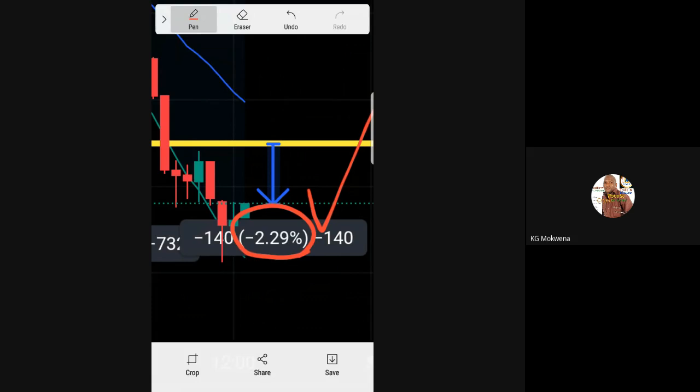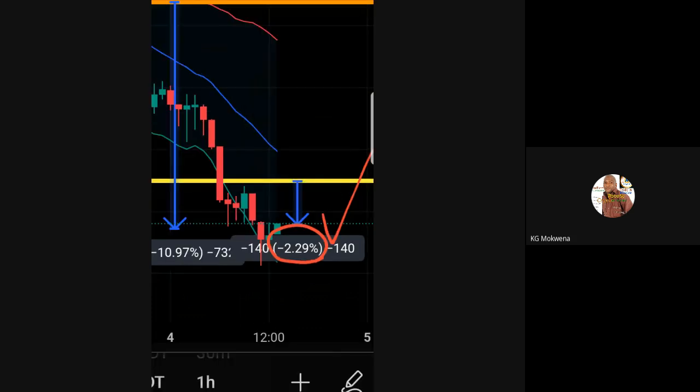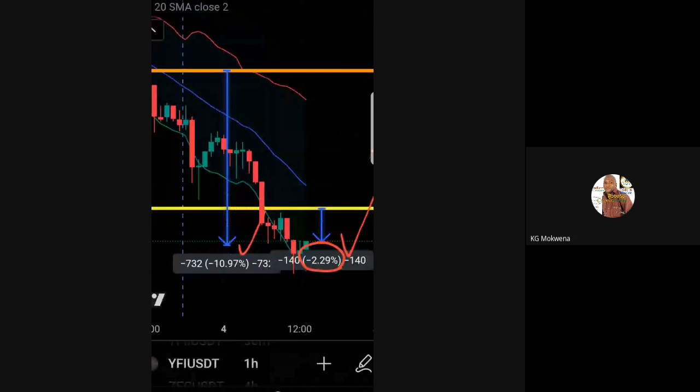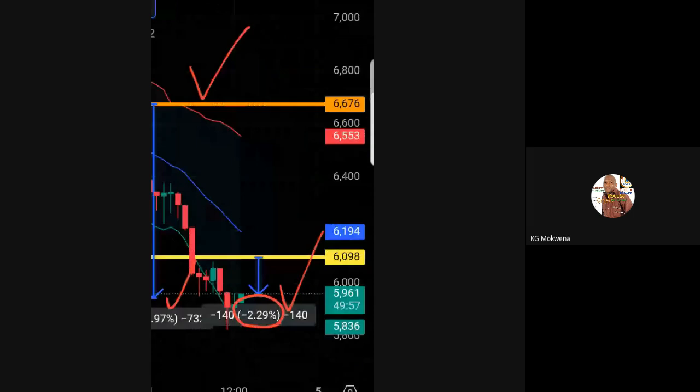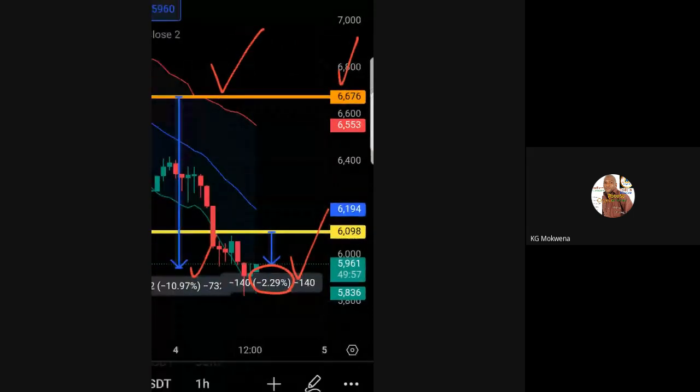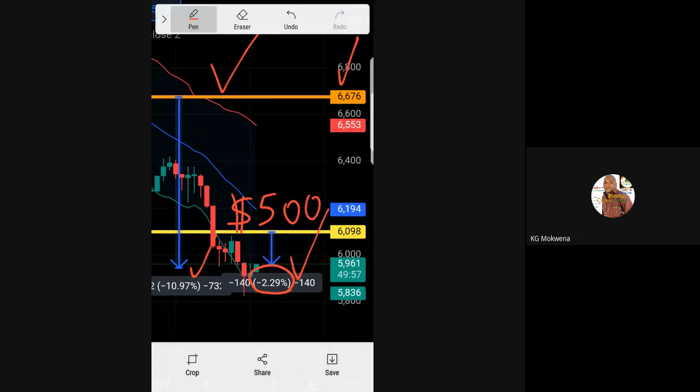So before the market can even pump by 10% to reach the main average price there on top, which is $6,676, your position number 5, which is trading with 500 position amount, is going to go into profit first. You know, this position number 5 is going to go into profit first. That is why it's more advantageous to have money to go into sub positions so that you are able to milk this market as it happens.